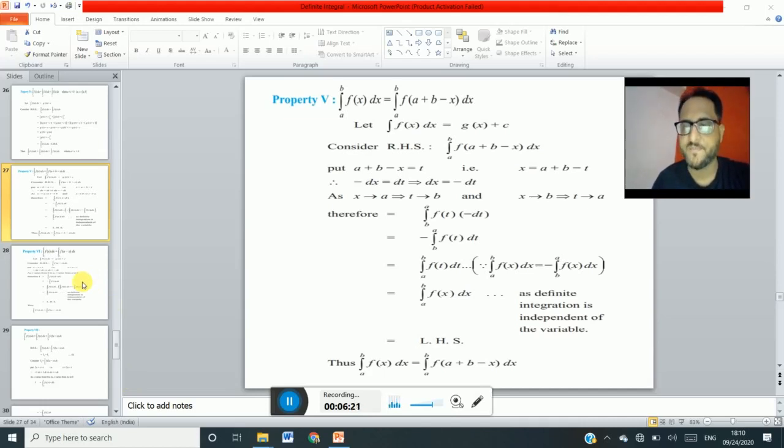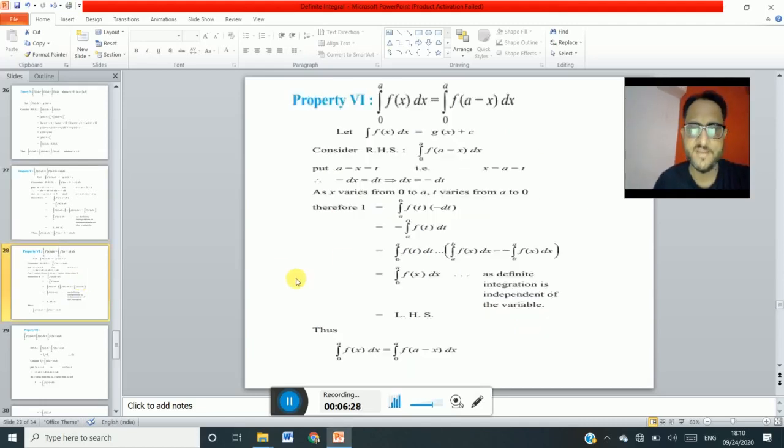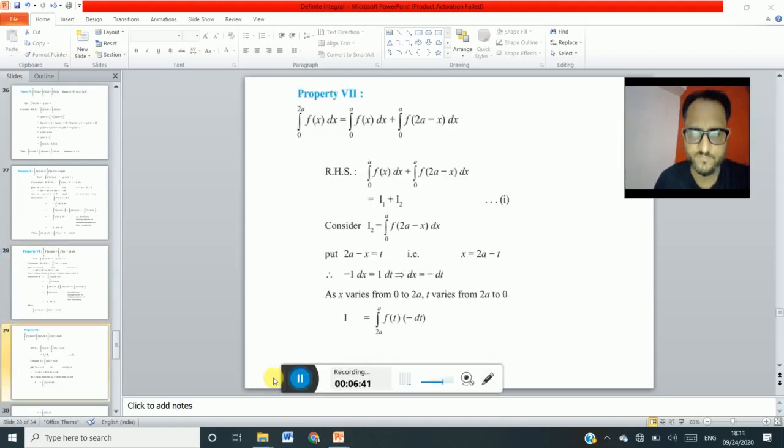Then see the next property, that is integration from 0 to a f of x dx. Sorry, this is the fourth one actually. Okay, see the next property, that is 0 to twice a f of x dx equals 0 to a f of x dx plus 0 to a f of twice a minus x dx.